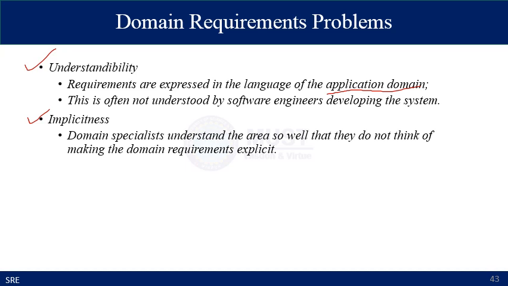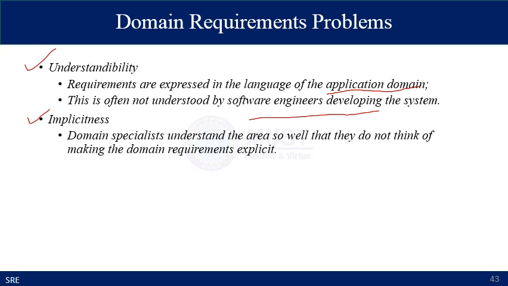This is often not understood by the software engineering team, and you need an expert from the industry of the same field in which you are going to develop the product to comprehend the requirements. For example, if you are developing a system such as described in the previous slide about the mental health cases, there will be some psychological terms which you will not be able to understand on your own, and you have to consult industry or domain specific people.